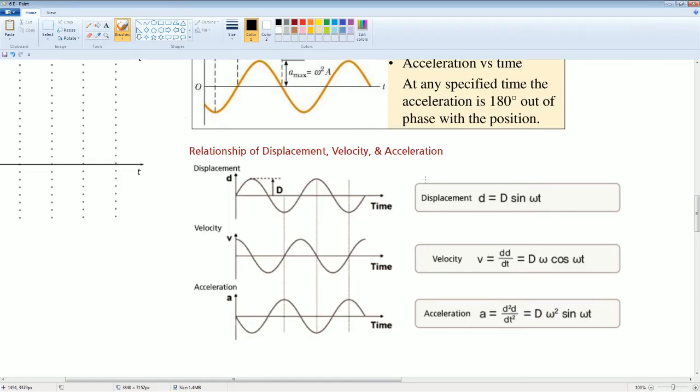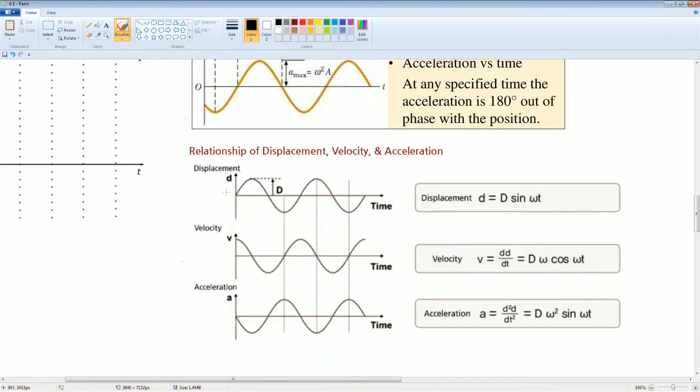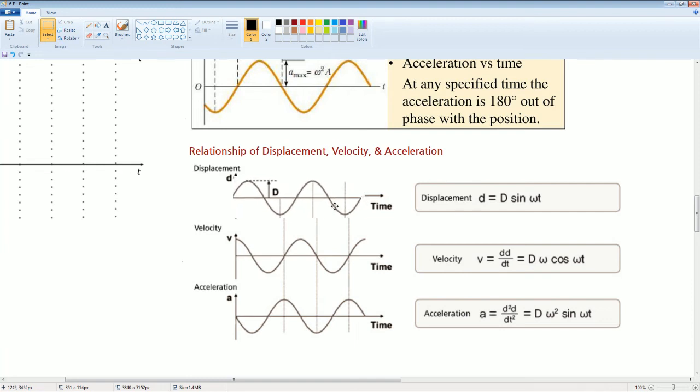So you're doing the chain rule to get the derivative of displacement to velocity, velocity to acceleration. Now, if you look at this graph, if you move it over to the left, doesn't it look exactly the same?